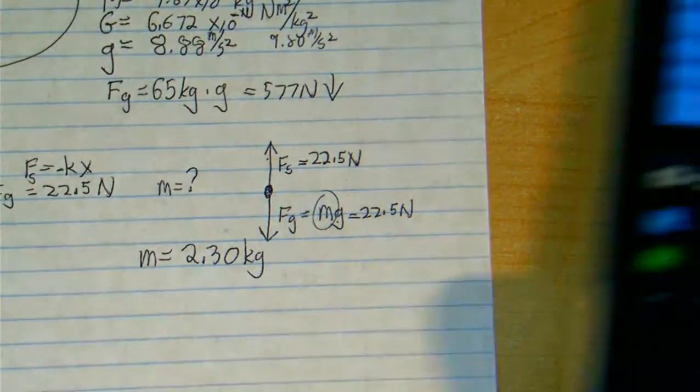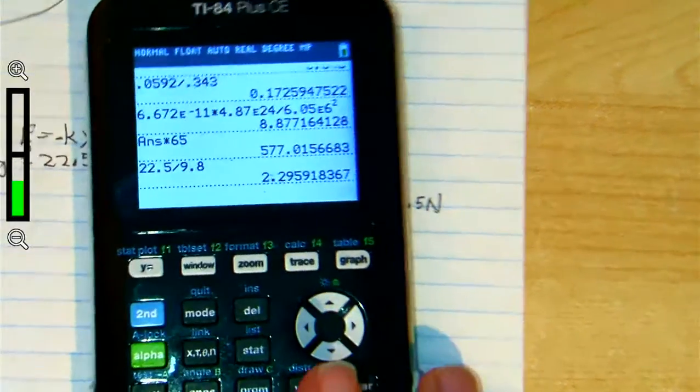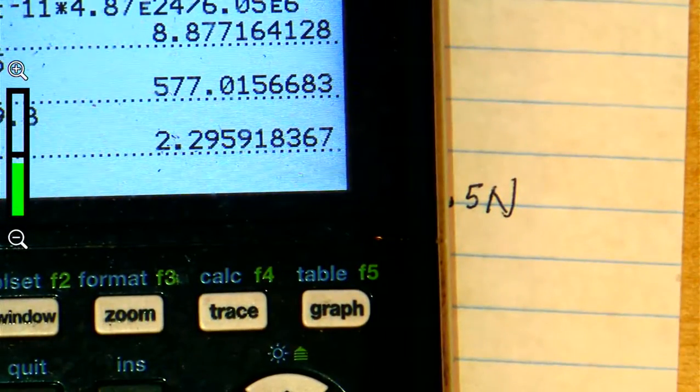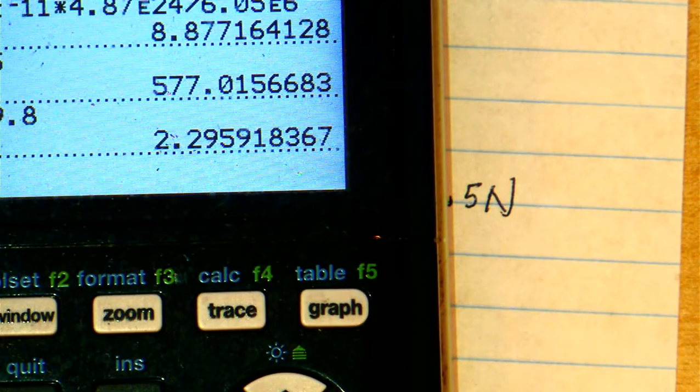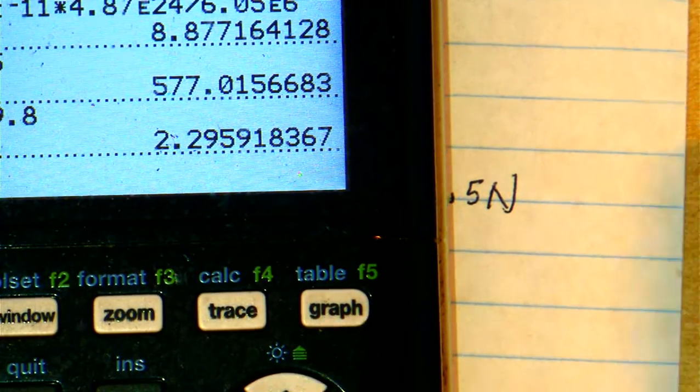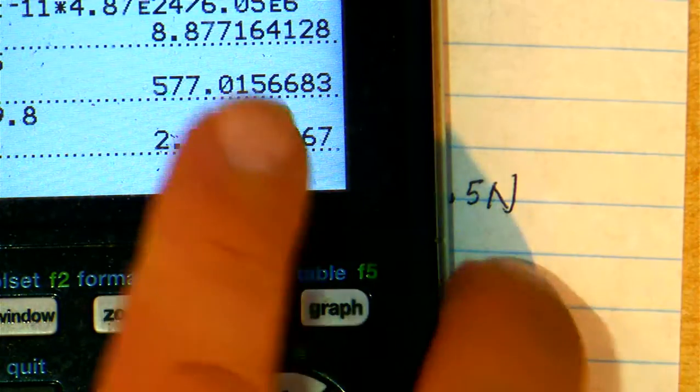That 3 is significant because we're rounding up 2.2959. So it's 2.30 to 3 sig figs. To 4 sig figs, this would be 2.296. Okay, so it rounds up to 3 sig figs.